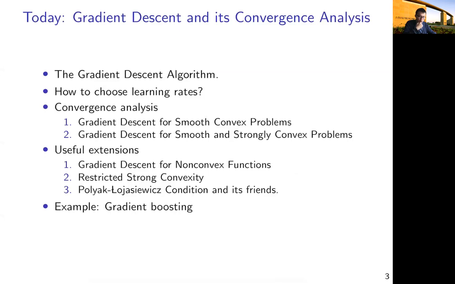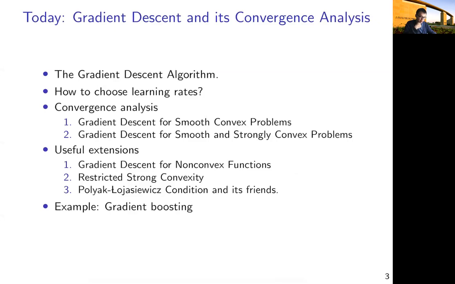We'll talk about smooth and, in addition, strongly convex problems, and prove that they satisfy different computational guarantees, and they have different speeds of convergence. And meanwhile, we'll be talking about the different styles of convergence. So what do we mean by sublinear convergence? What do we mean by linear convergence? What do we mean by acceleration? And whether these guarantees are optimal.